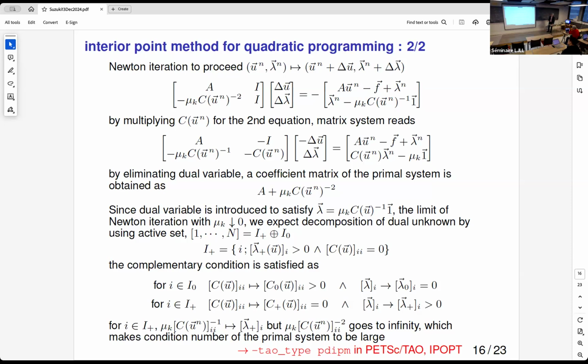So if we do the elimination of the dual variable, we get a smaller size matrix, but the condition number becomes bad. That is the natural way. But the good news is that it becomes a positive semi-definite matrix. People try to use this one, and also IPopt follows the same way. But essentially, this implementation is difficult.